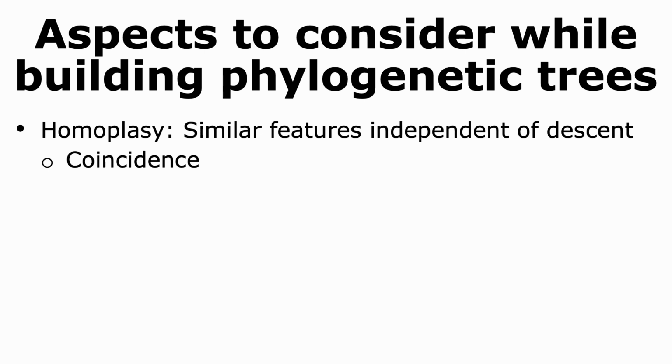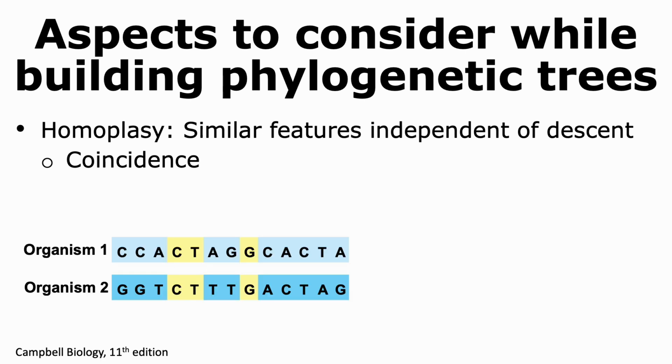Homoplasies can occur due to sheer coincidence. For example, we can have a situation where the nucleotide sequences of two organisms are quite different, but there are some areas where we do see similarities. This is an example of a molecular homoplasy because these similarities or identical regions occur due to simple coincidence.